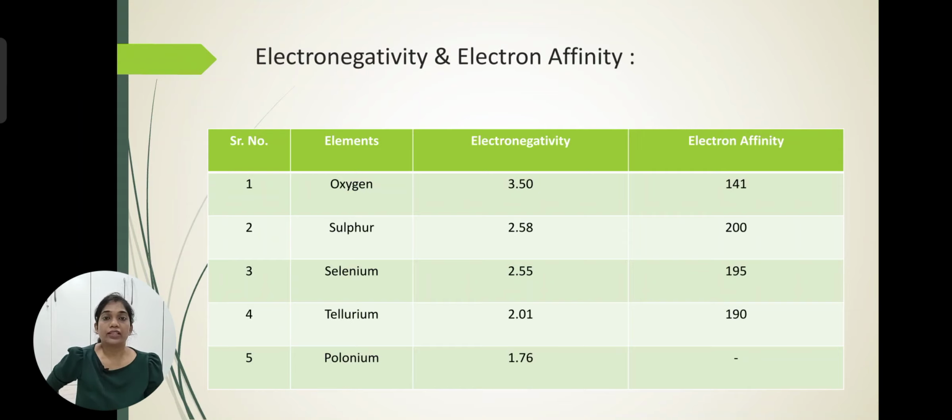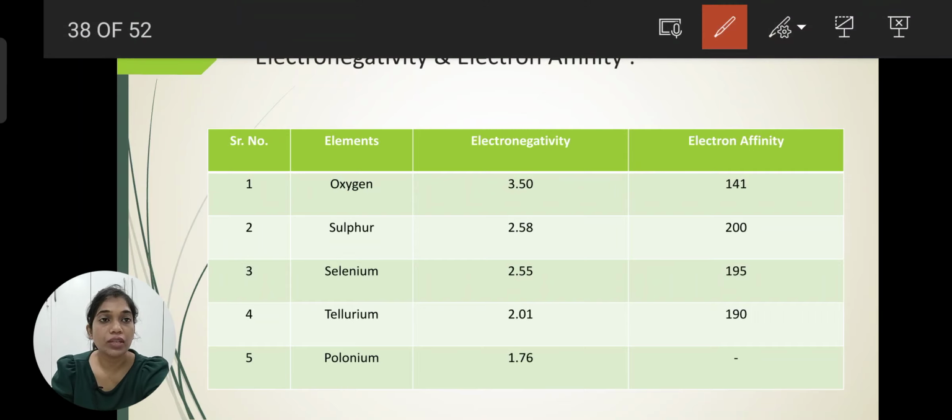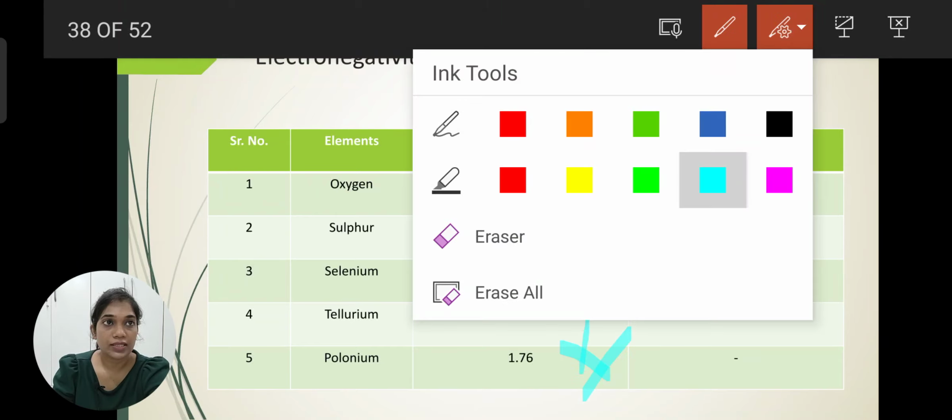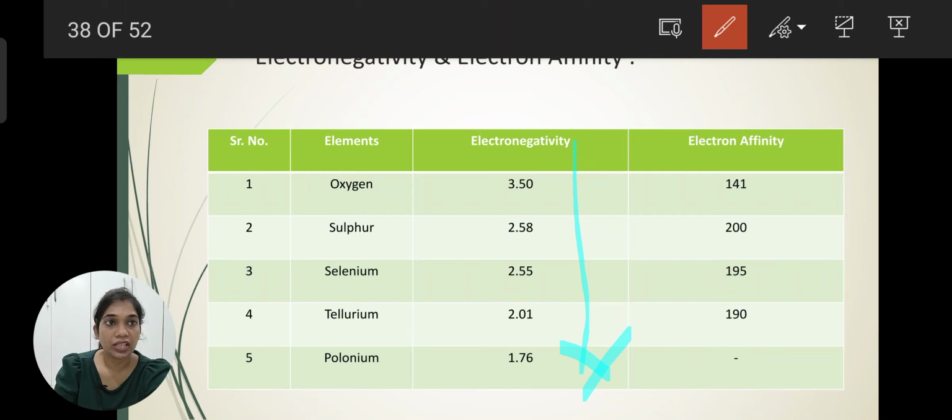Now the next property is electronegativity and electron affinity. In the oxygen family, down the group you can see that electronegativity decreases, and electron affinity also decreases.